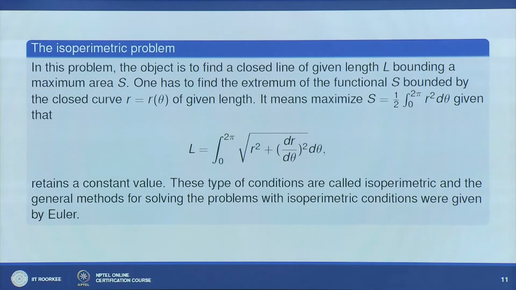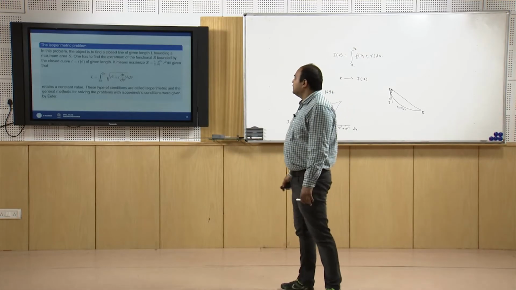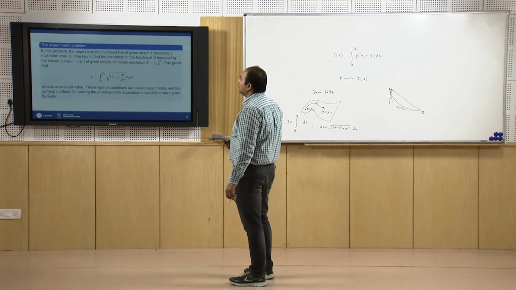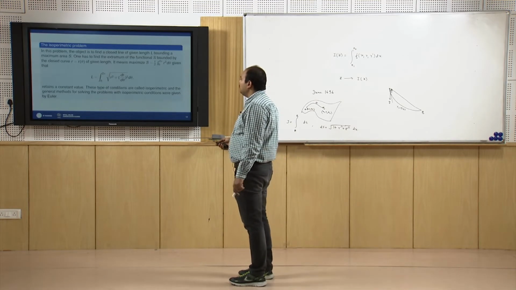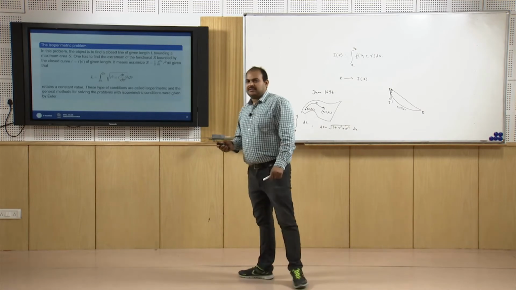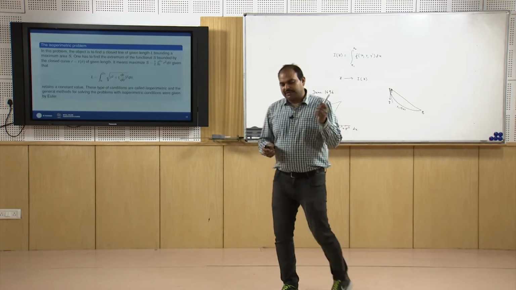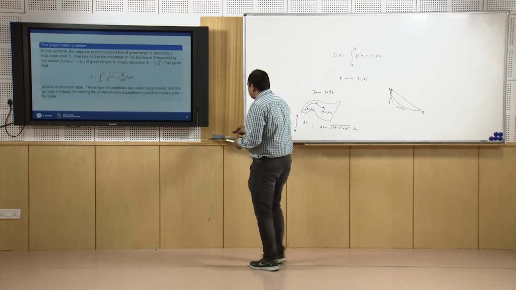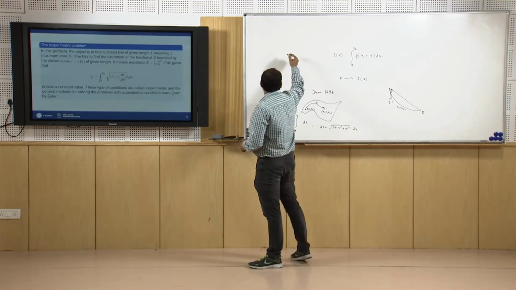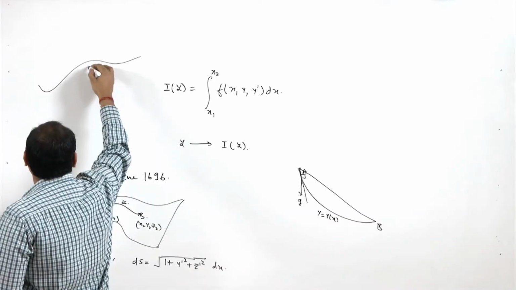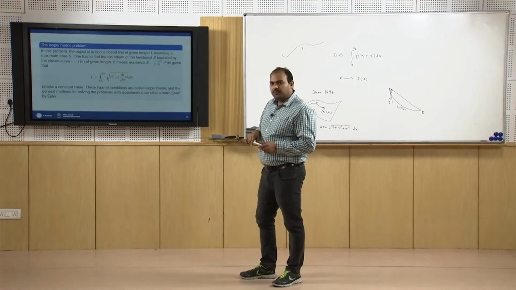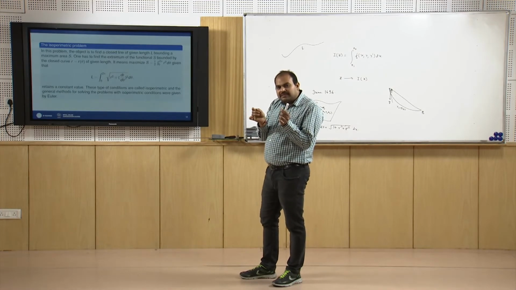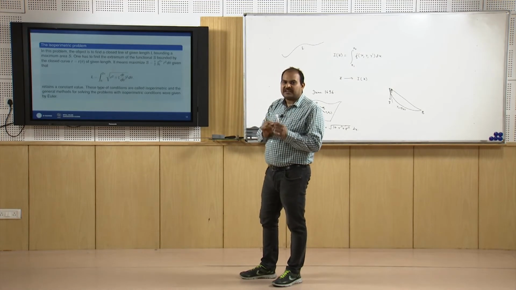The next problem is a very important problem, the isoperimetric problem. In this problem the object is to find a closed line of given length L bounding a maximum area S. So here it means that we have a curve whose length is already given to you, say L is given to you, and we want to find, in a way such that it encloses a maximum area.